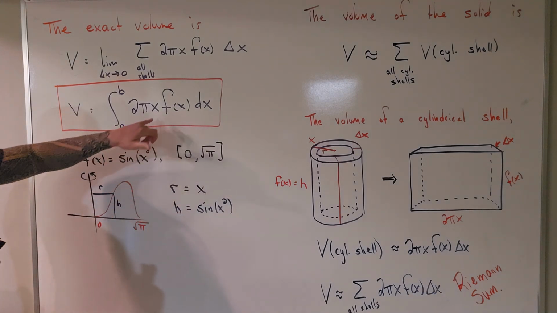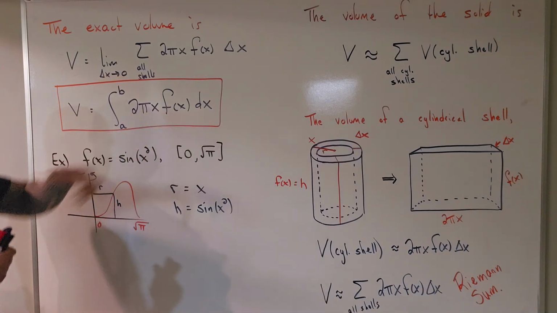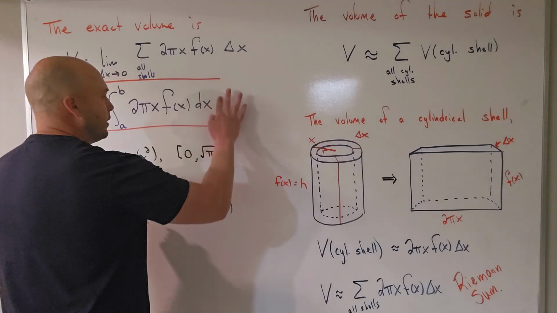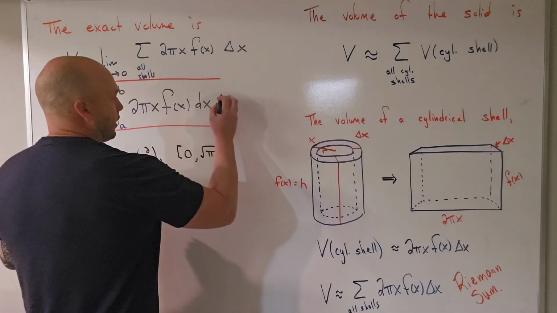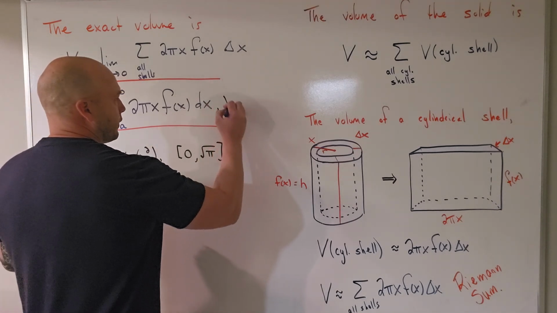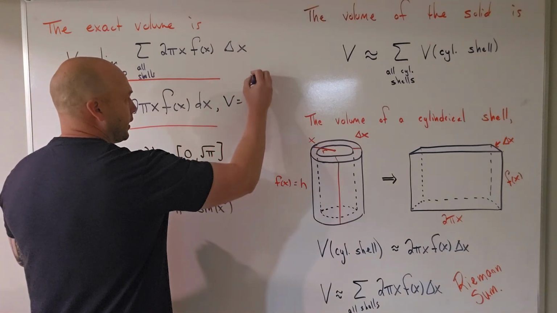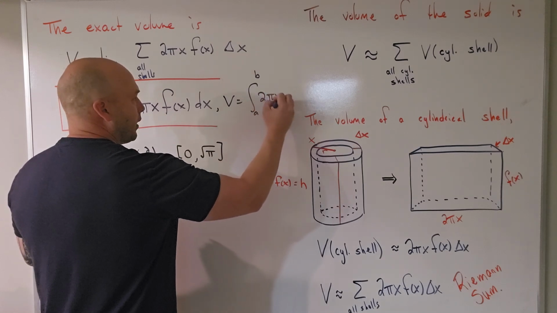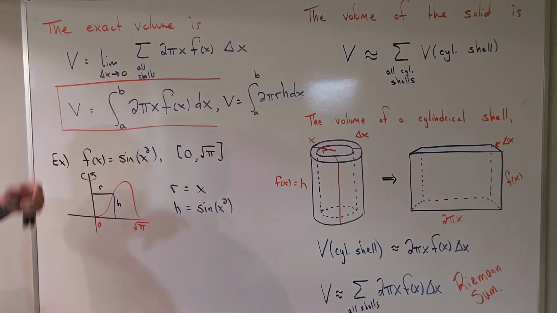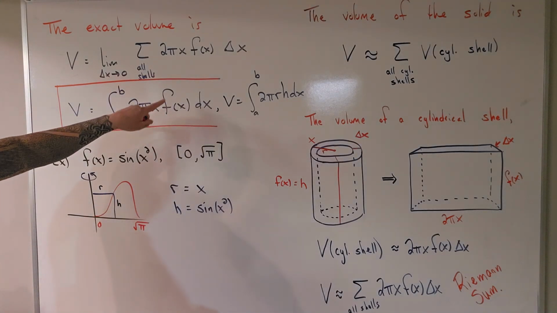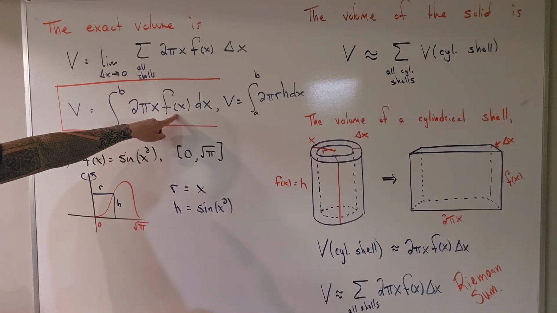Now, let me go back to this equation right here and slightly generalize it. The volume is going to be the integral from a to b of 2 pi r h dx. The radius is not always going to be x. The height is not always going to be f of x.